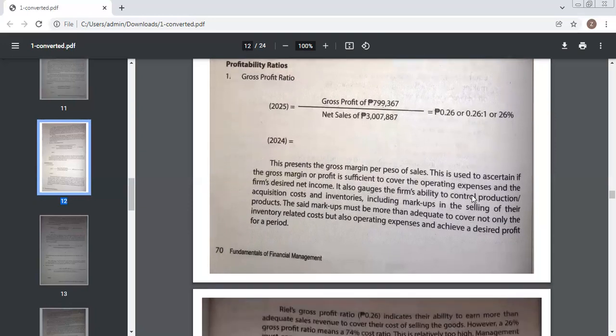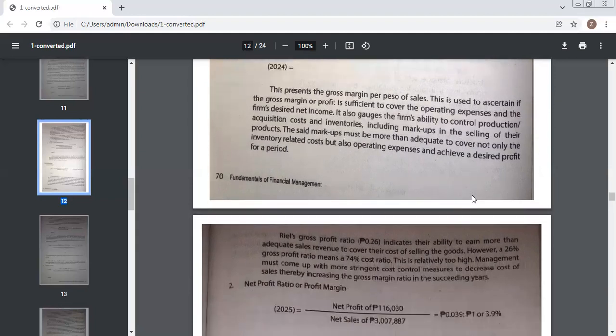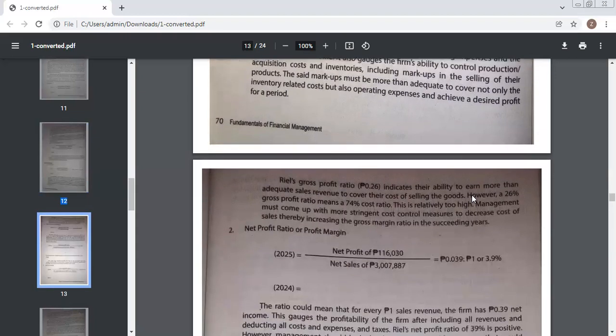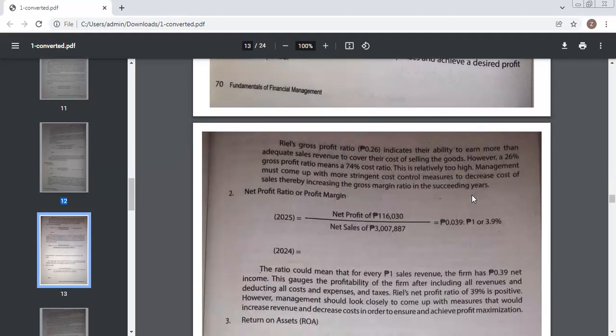This presents the gross profit per peso of sale. This is used to ascertain if the gross margin of profit is sufficient to cover the operating expenses and the firm's desired net income. Real's gross profit ratio indicates their ability to earn more than adequate sales revenue to cover their cost of selling the goods.